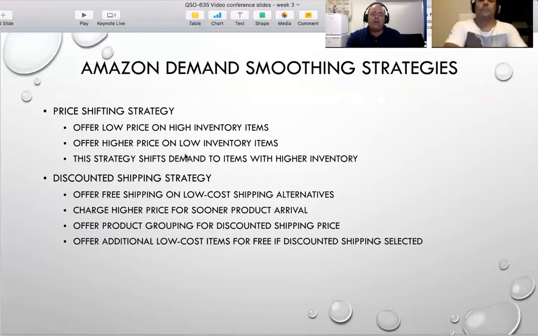So what they're saying is, I know you want product A, but we have product B, which is as good or better, and we have a higher inventory of them, or they have a better lead time. So we're going to give you a price break if you take the product that we already have in inventory. That encourages people to shift their demand from one product to another. Okay, does that make sense?